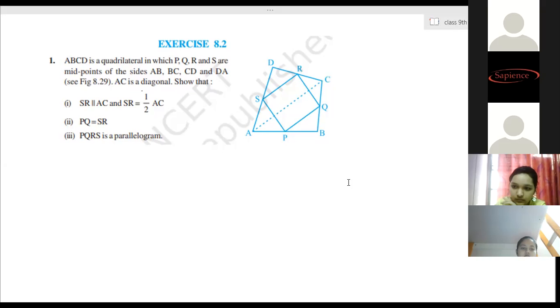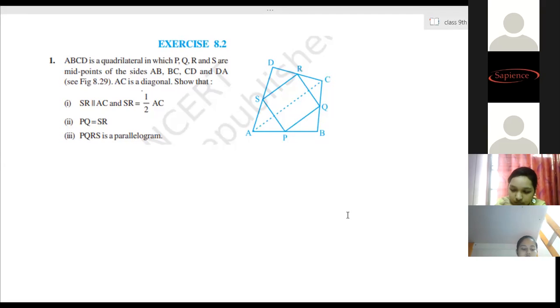Yes, ma'am. Converse midpoint theorem: in a triangle, when a line through the midpoint of one side is drawn parallel to another side, it bisects the third side. Can you explain with an example?